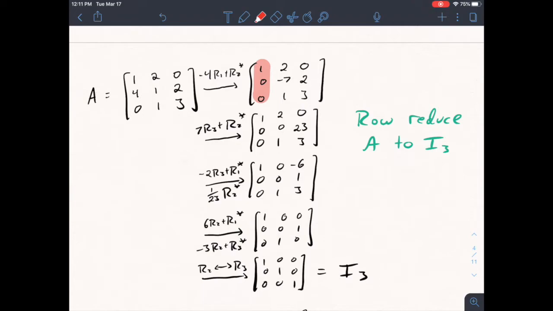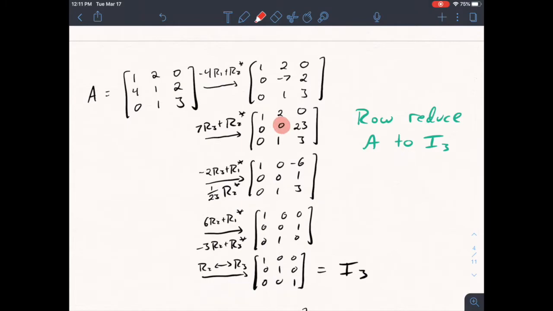We have a 1 and all zeros below it, so that's perfect. All right, second row, we have a 1 in the bottom, a 2 in the top, and a -7 in our middle entry. So what I chose to do was add 7 times row 3 to row 2 and replace. And that'll zero out this entry right here.